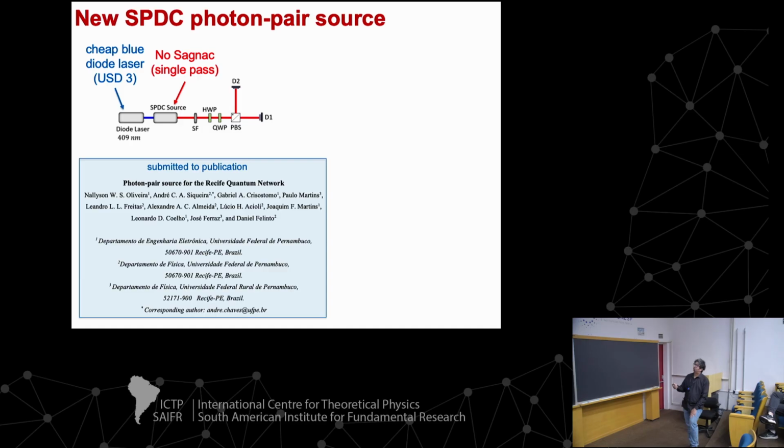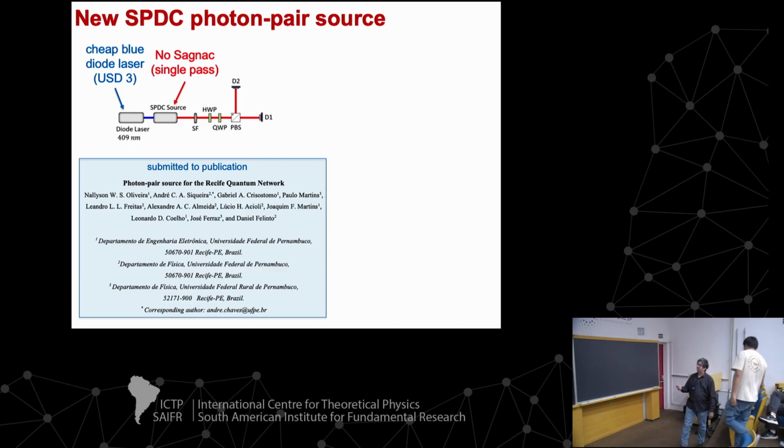But now we are interested in using a very simple source that we can distribute in the network. So that's a different approach. We built a very simple source with just a blue laser that costs $3, okay? And this crystal costs more than $3, okay?